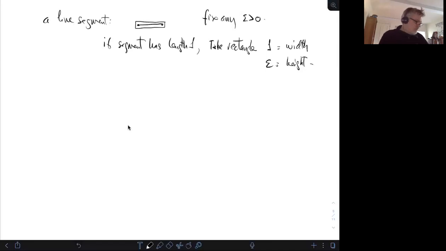And I'm going to leave you with an exercise which is a bit trickier, but think about it. This is more for fun: show that the x-axis has measure 0.